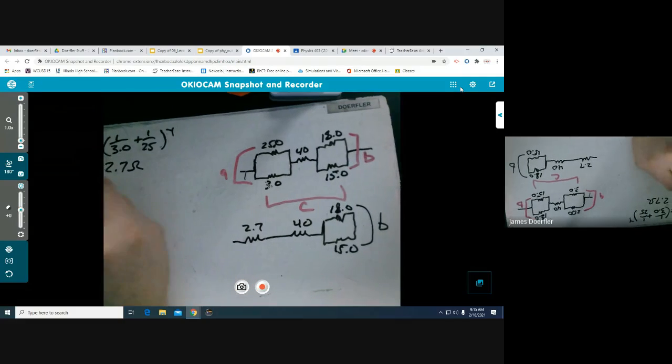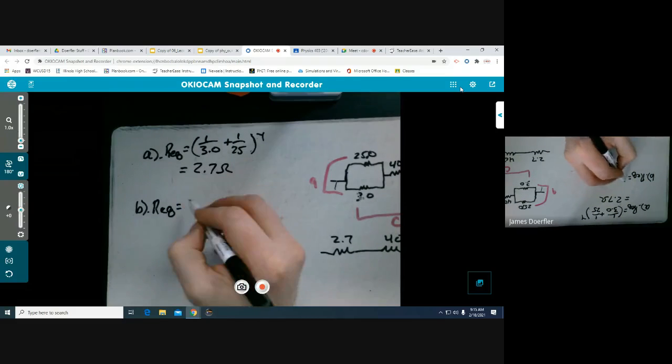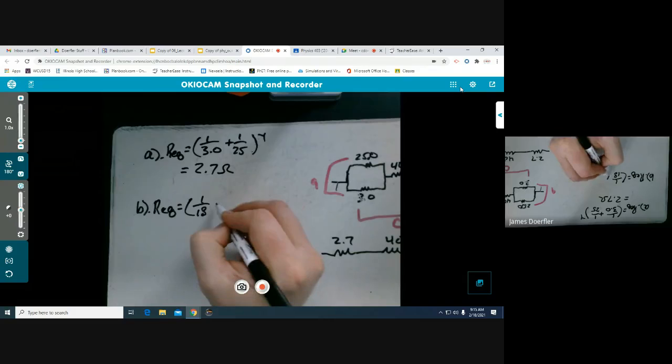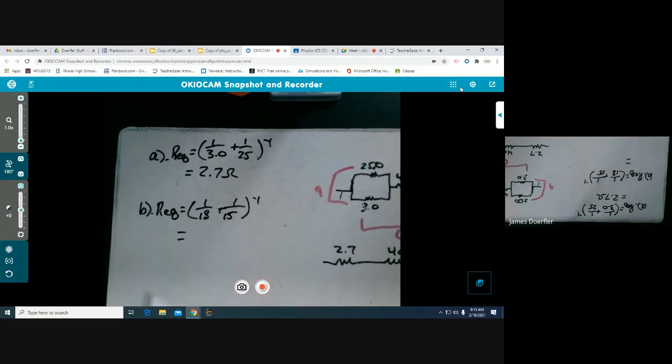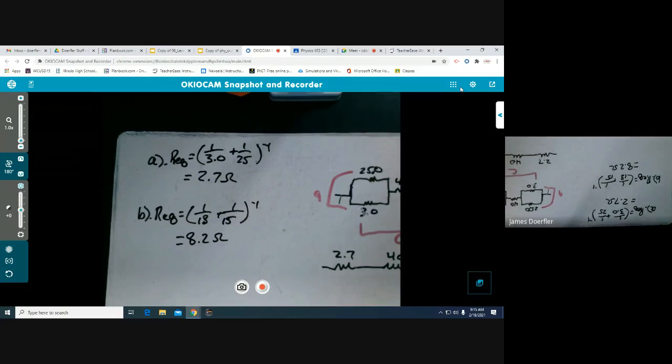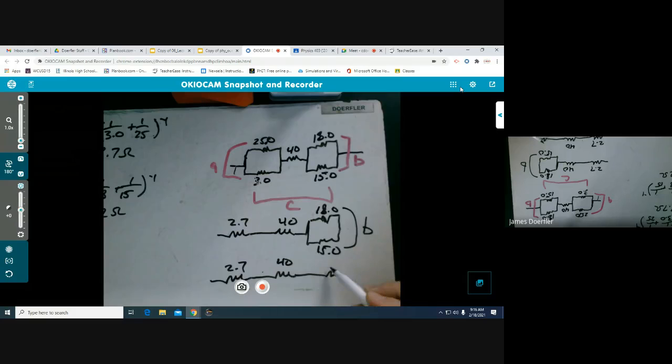So again, same thing. Equivalent resistance for Group B. 1 over 18 plus 1 over 15. Reciprocal that. What do you get? 8.2 ohms. Very good. So now this gives me 2.7, 40, 8.2.